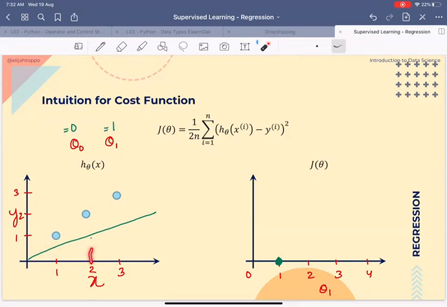When I reach 2 units in x, I reach 1. 3 units in x, I reach 1.5. Okay, so that is my model. Can you tell me for this model what is theta 0 and what is theta 1? Theta 1 is 0.5. Excellent. Theta 1 will be 0.5.